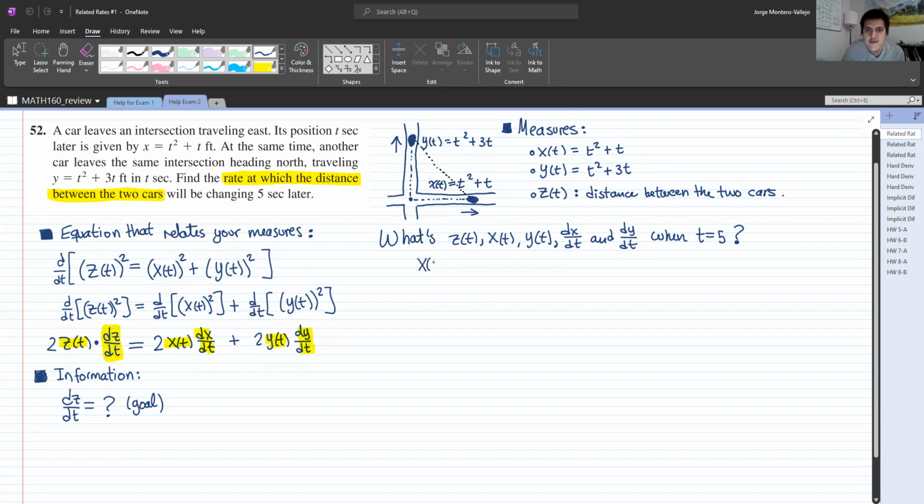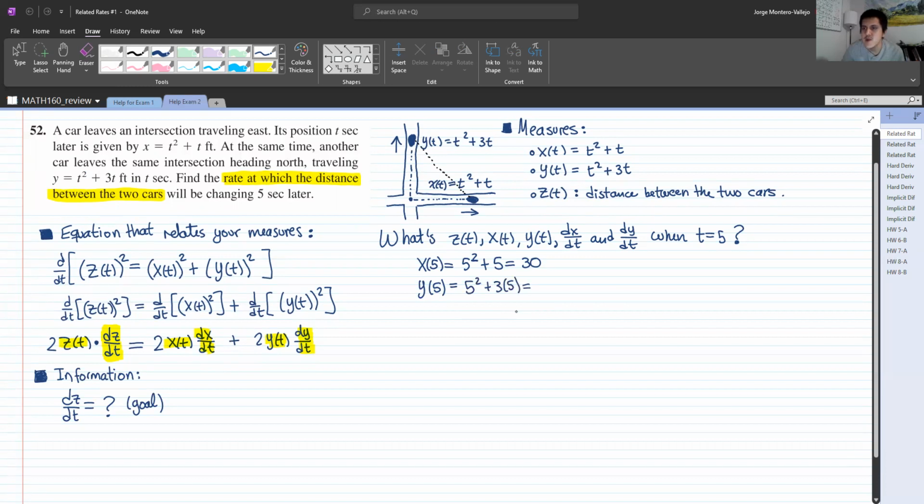What is x(5)? We'll just plug in 5 in here: t squared plus t, so that's 5 squared plus 5. That's 25 plus 5, that's 30. Then what is y(5)? y(5) will be 5 squared plus 3 times 5.